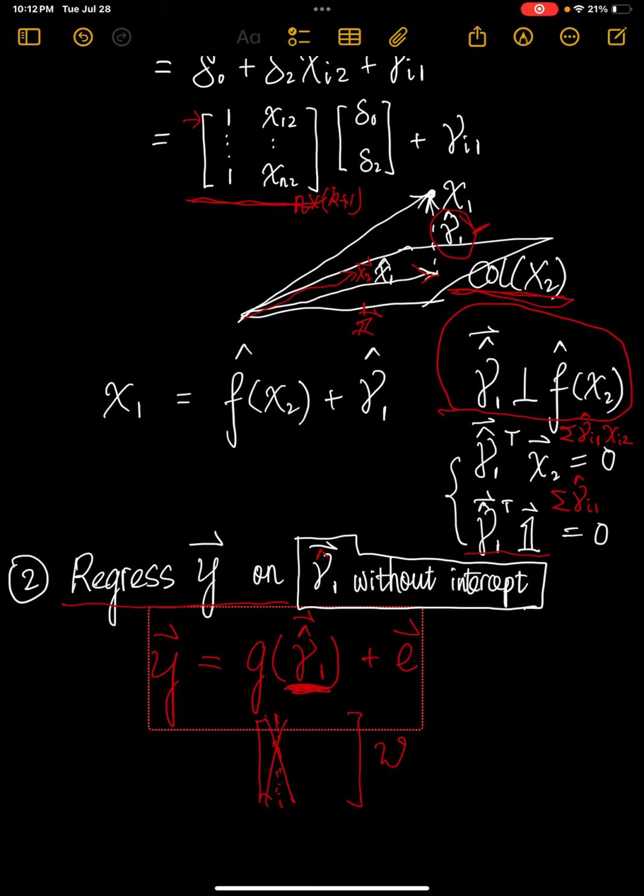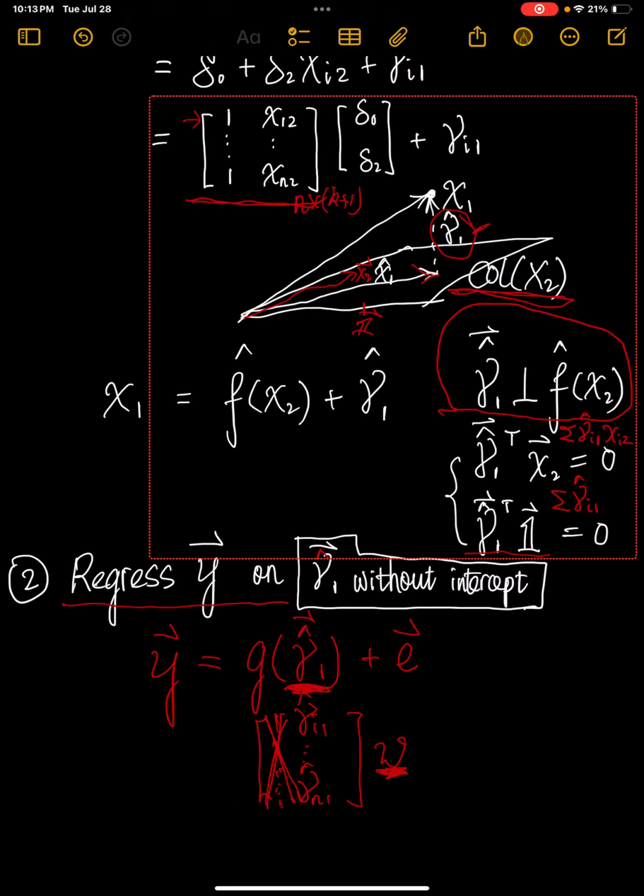Therefore we cannot have this constant column, which means this parameter would not have a constant term at all. We would just have gamma 1 all the way to gamma n 1. Hopefully that makes sense. See you next time.